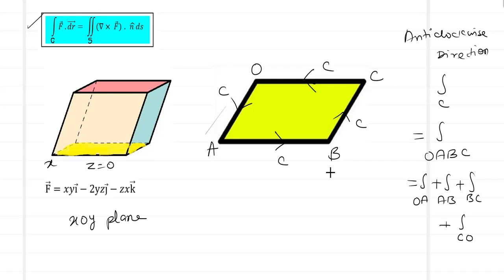So for that purpose, I need to know the equation of these lines. So how to get the equation of these lines? So we will try to identify with the diagram. What is this line over here? This is my Z, O, Y plane. So what is the equation of Z, O, Y plane? So this is my line X equal to 0.